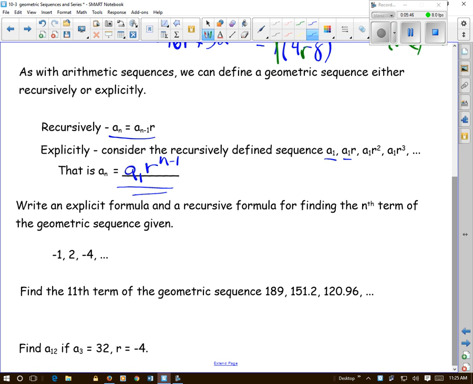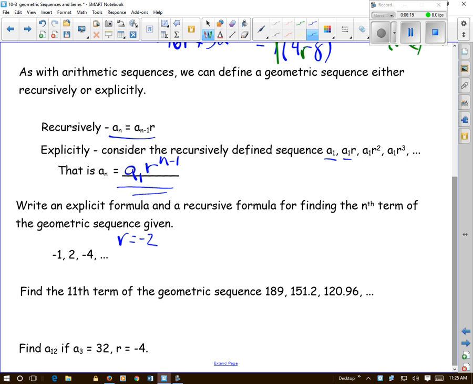So we want to write an explicit and a recursive formula for this. The first thing we want to do is find the value of r. So r here is, anybody out there? Negative 2. It's 2 divided by negative 1, negative 2. So r equals negative 2.